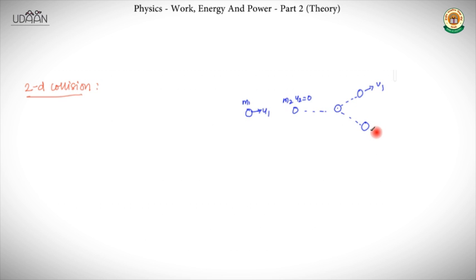Let this be the directions of both the bodies after the collision, and the angles they have been deflected are theta 1 and theta 2. So now it depicts the collision of a moving mass m1 with the stationary mass m2.